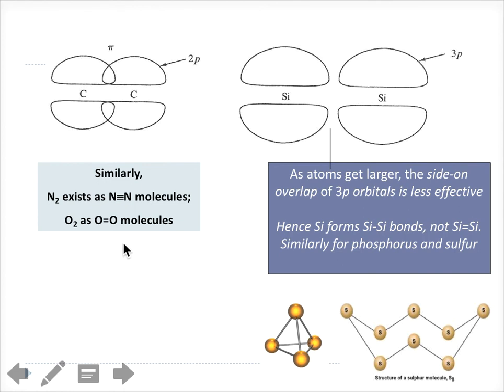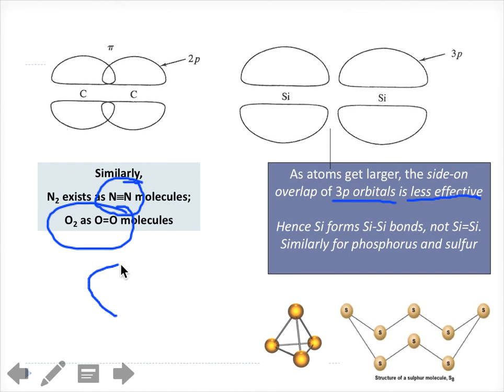Similarly, as we just discussed, O2 and N2 exist as this. Because we have just seen, with silicon and with sulfur, the overlap of the 3p orbitals is much less effective, for the reasons just discussed.